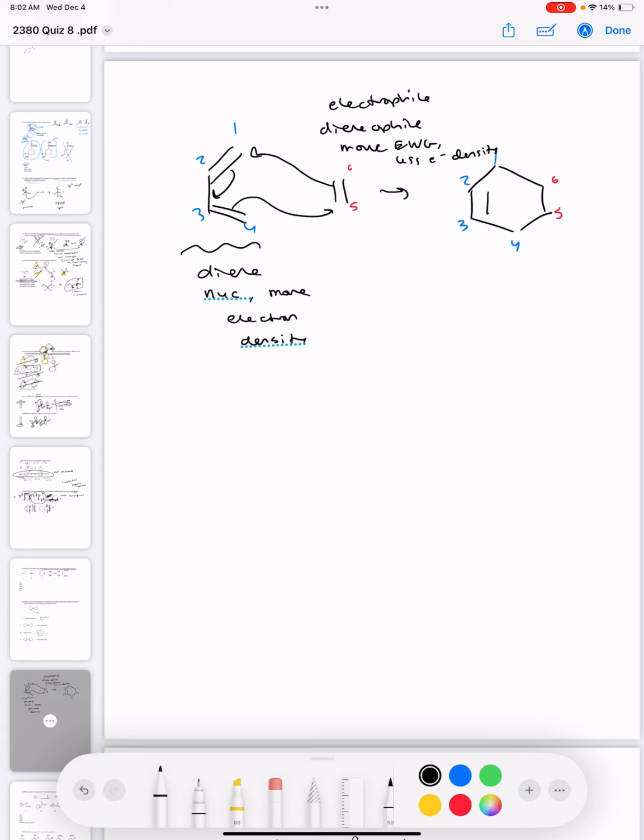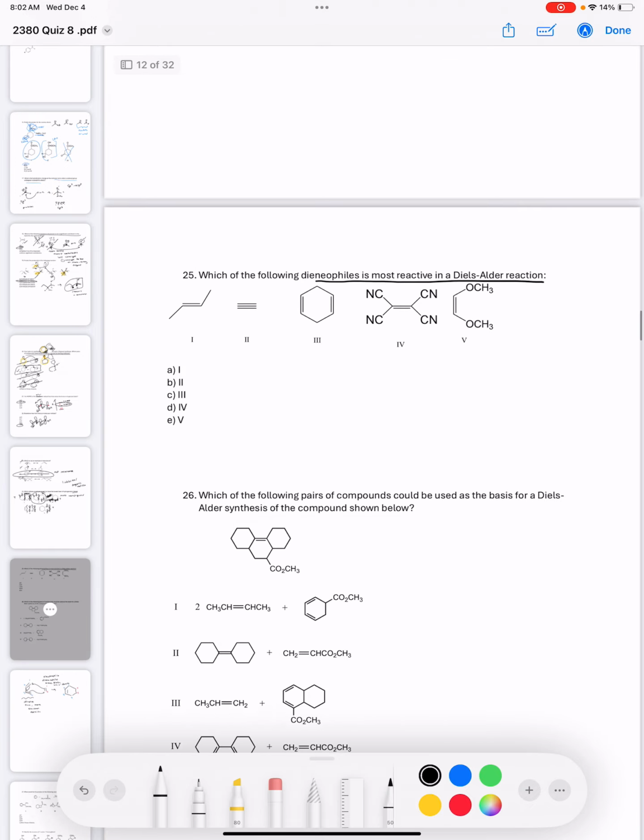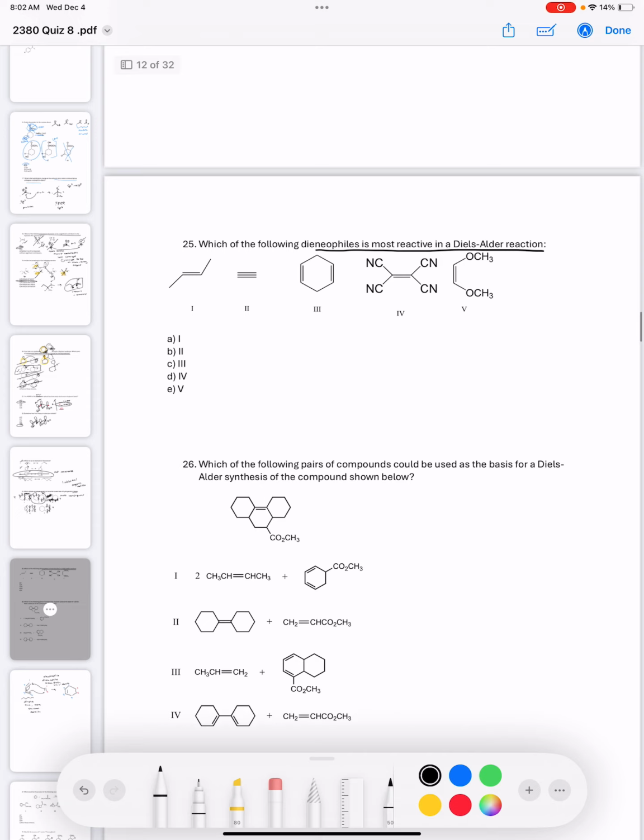So when I look at this question that's asking which of these dienophiles is most reactive, first of all, we want it to have less electron density. That means more electron withdrawing groups. Methyl groups are electron donating.